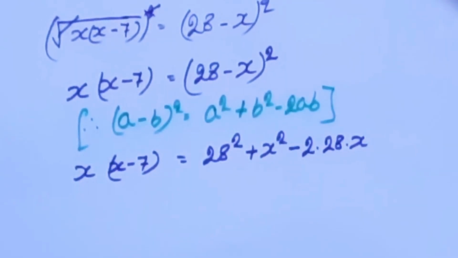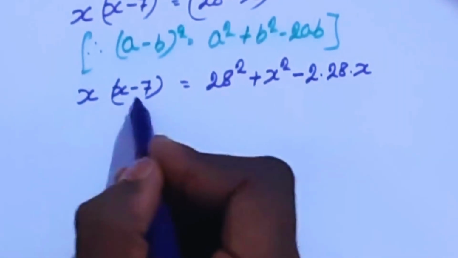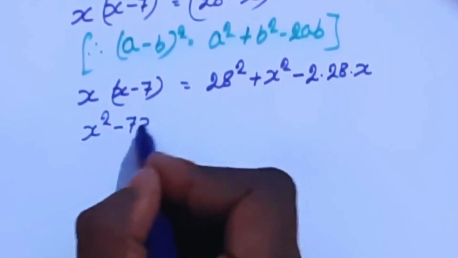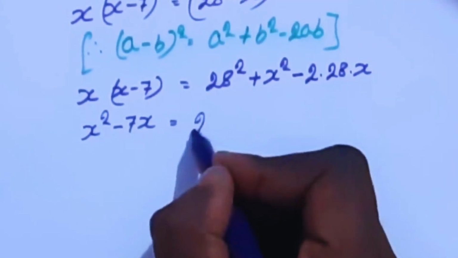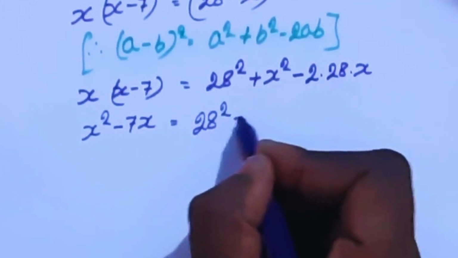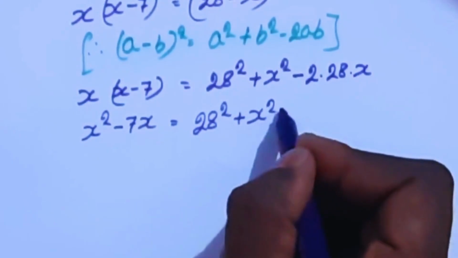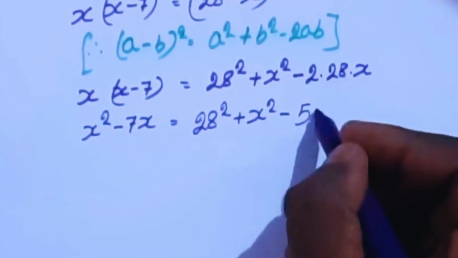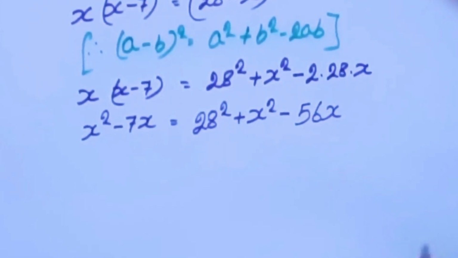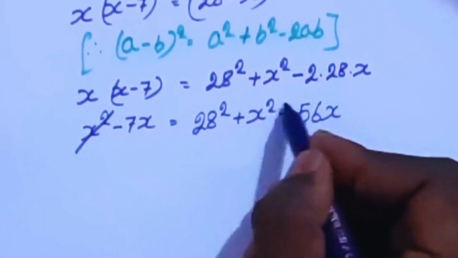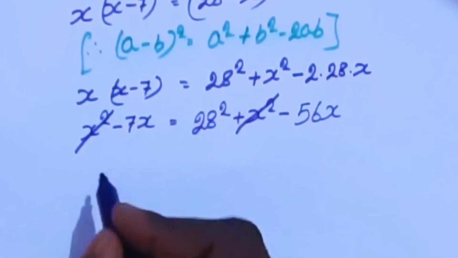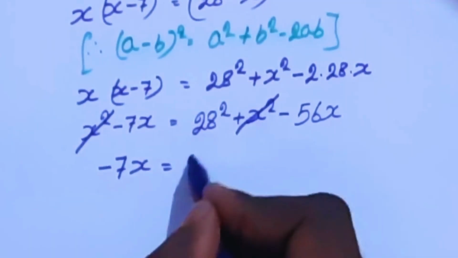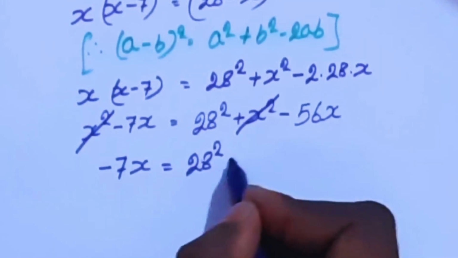Now multiply this: x square minus 7x equal to 28 square plus x square minus, this is 56x.